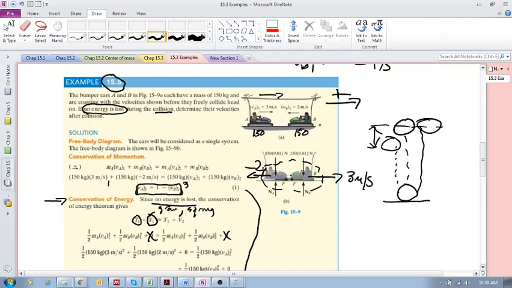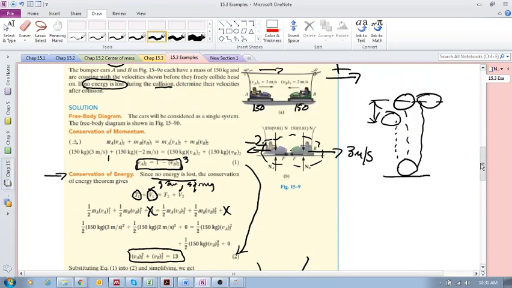Then of course you know that's wrong, because in this specific case it can't keep going in that direction. So just check your answer, use your intuition and logic: this must be positive before collision and negative after collision, and this must be negative before collision and positive after collision.